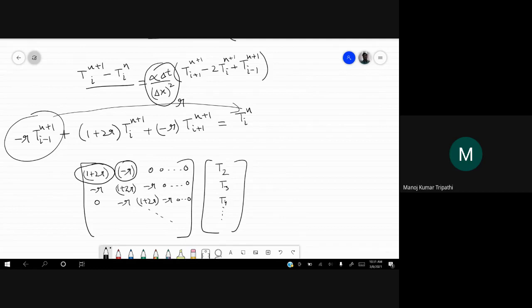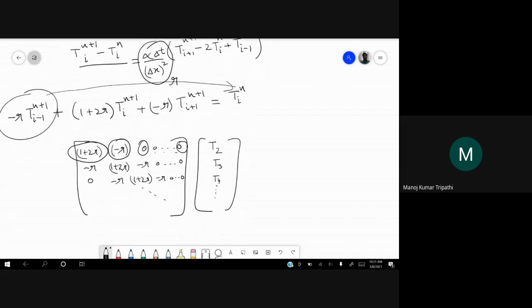So let us leave this coefficient from here and calculate for the other coefficients. This one and so on, all the coefficients, and also the coefficient of this Tin.